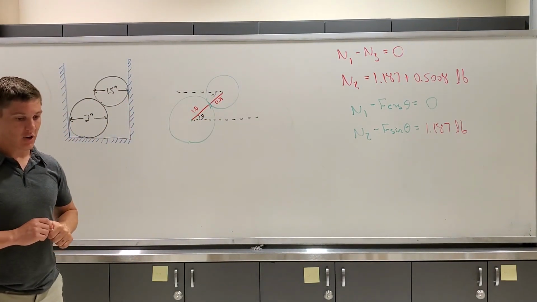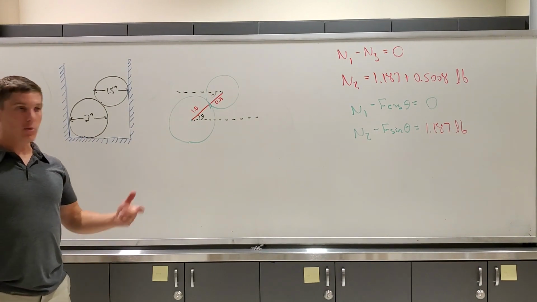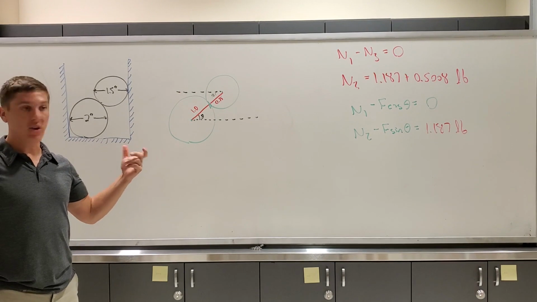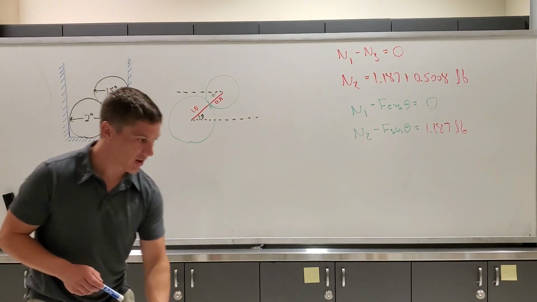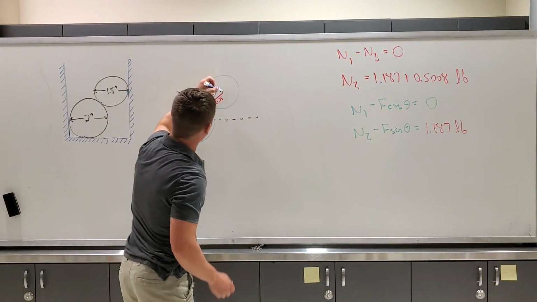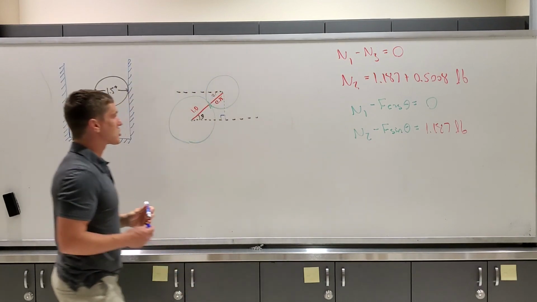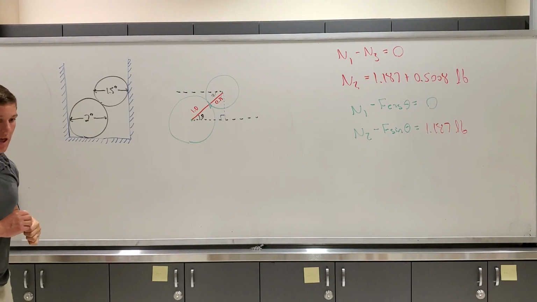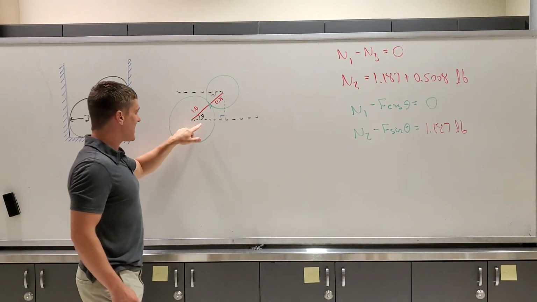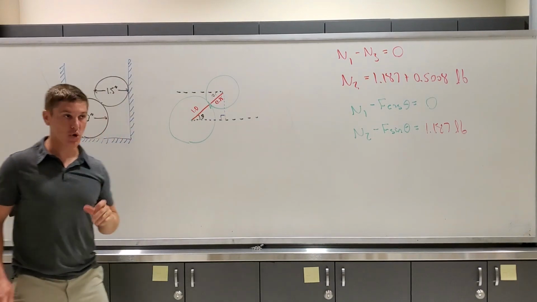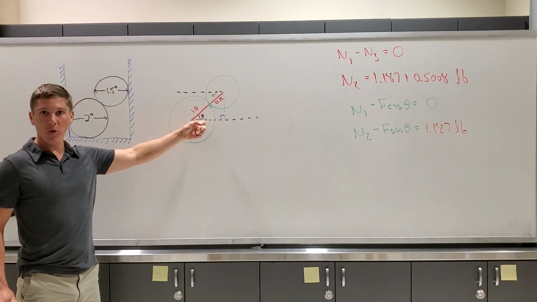Okay? Now I need to determine what other dimensions I can determine from this particular triangle. If I want to determine what theta is, I can draw myself a vertical line here, and I get myself a right triangle. If I can determine either this distance or this distance, I can use my trigonometric functions in order to determine what theta is.